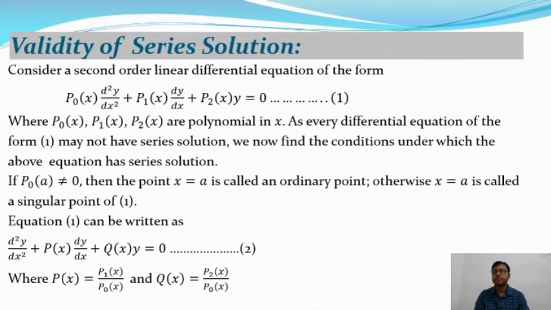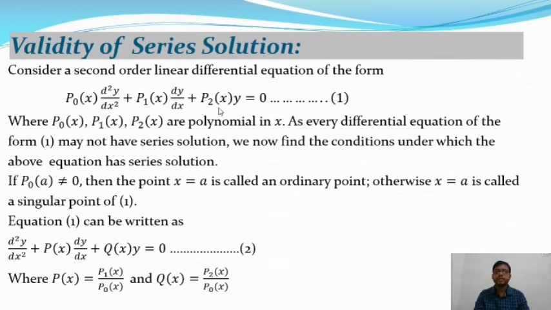Here p0 of x is the polynomial function, the coefficient of d2y dx2, and if at the point x is equal to a, p0 of a is not equal to 0, then x is equal to a is called an ordinary point, where a is any arbitrary point. Otherwise, x is equal to a is called a singular point of equation 1.